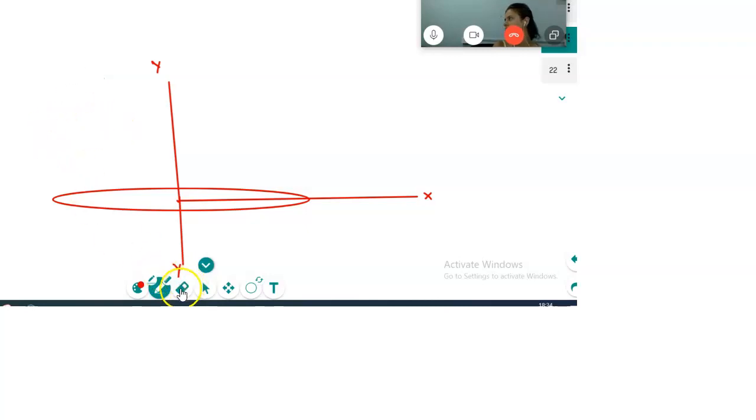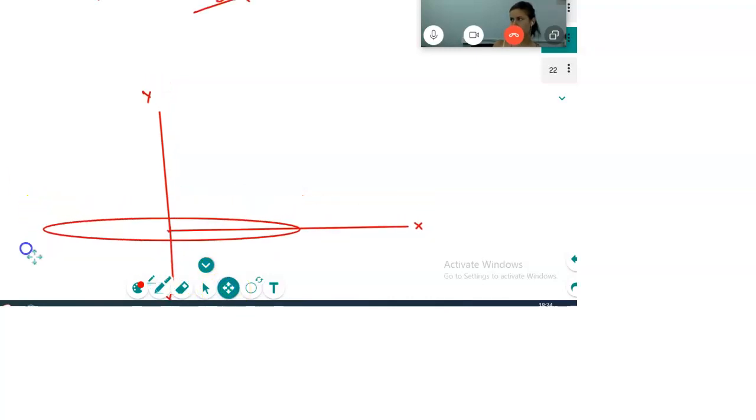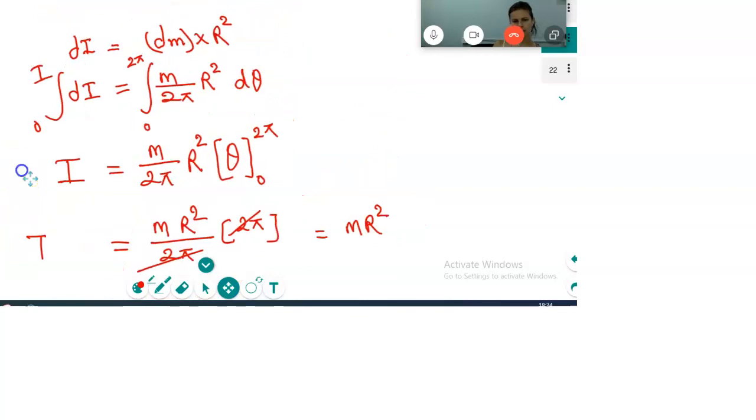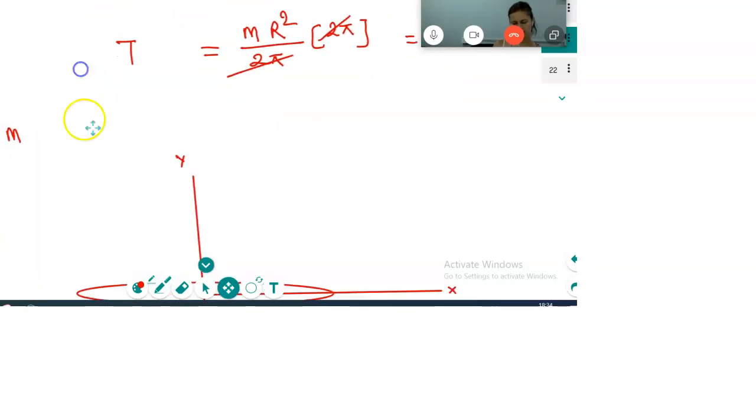Now let us take the mass of the disc as M. What we will do now? We have to divide it into elementary pieces. We have to take a small piece, so we will divide the area.